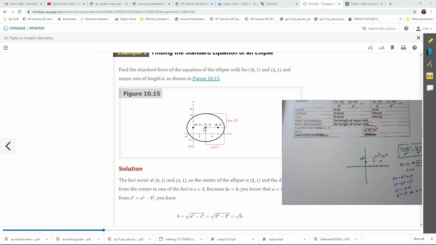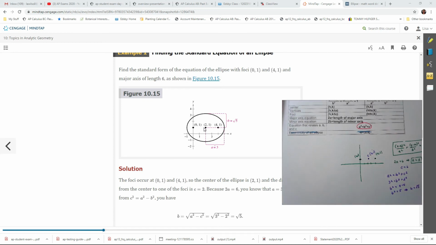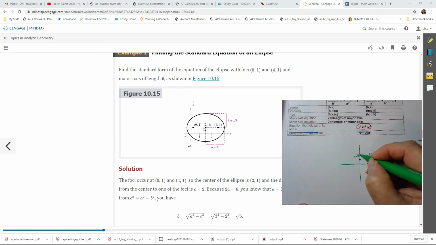Now, I don't know what root 5 is exactly, but it's 2.236, so I'll say 2.2-ish.